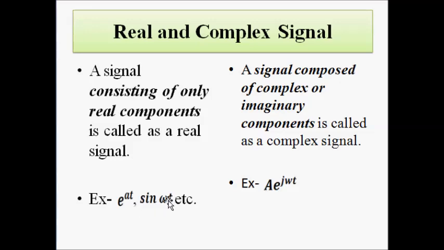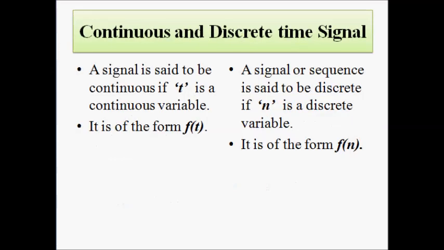Whereas if the signal is composed of a complex or imaginary part, involving j, or i if you like, then it is a complex signal. An example is this, e to the power j omega t. It's a complex signal. Then we have continuous and discrete time signal.